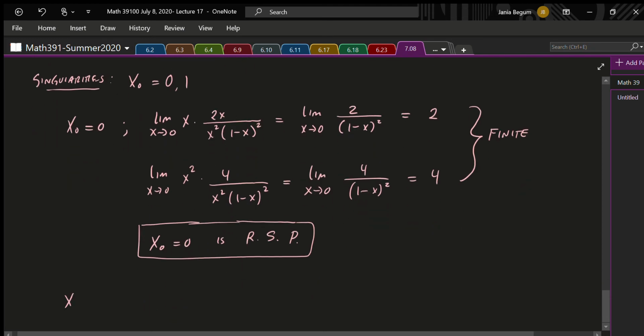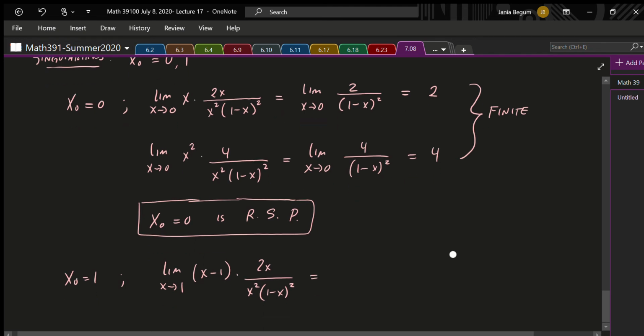So x naught equal to 1. We take the limit as x approaches 1 of x minus x naught, so x minus 1 times 2x over x squared times (1 minus x) squared. Now, in order for us to take this limit, we have to simplify. But because x minus 1 and 1 minus x differ by a negative sign, we have an extra negative left.